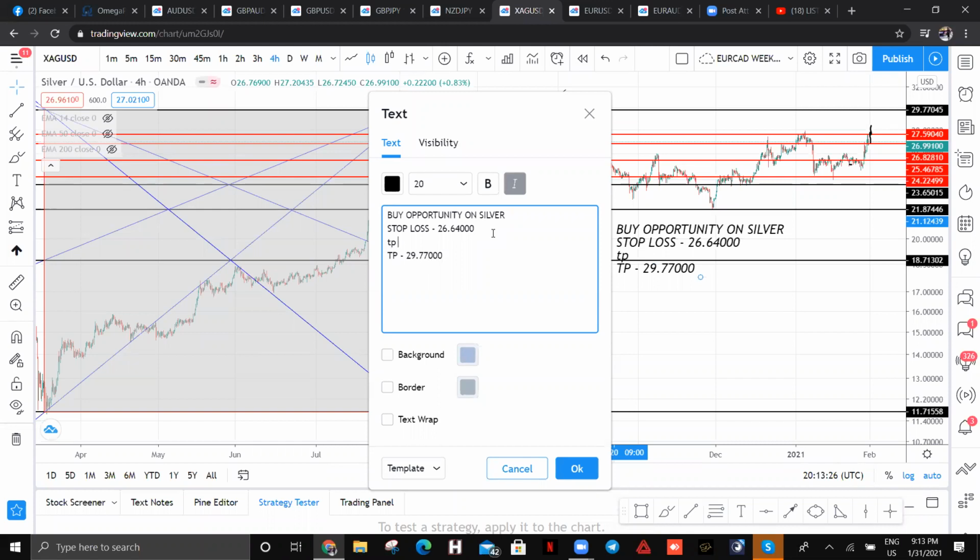Then the next TP will be 27.5900. So let's leave it this way.